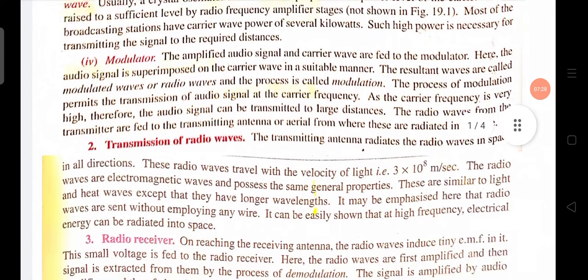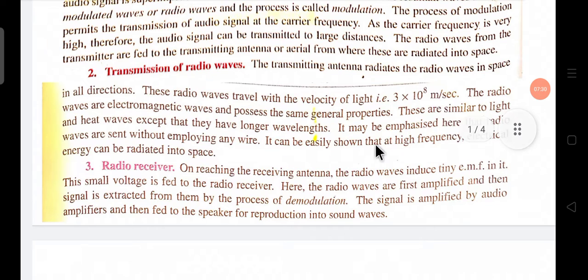Now let us see the transmission of the radio wave. The transmitter antenna radiates the radio wave in space in all directions. These radio waves travel with the velocity of light, which is 3 into 10 to the power 8. Radio waves are electromagnetic waves and possess the same propagation properties, similar to light and heat waves, except that they have a longer wavelength.